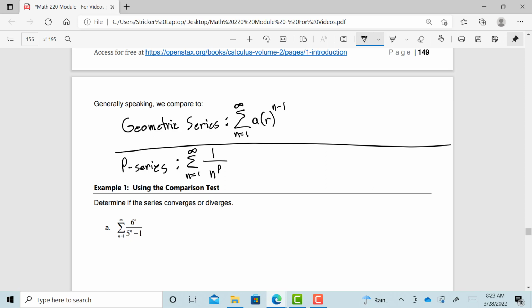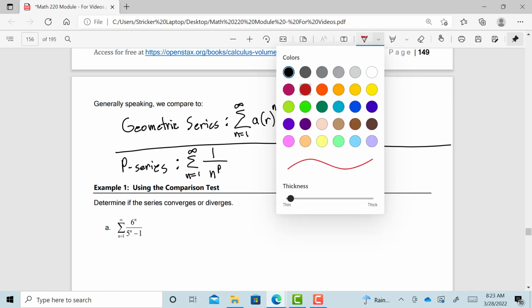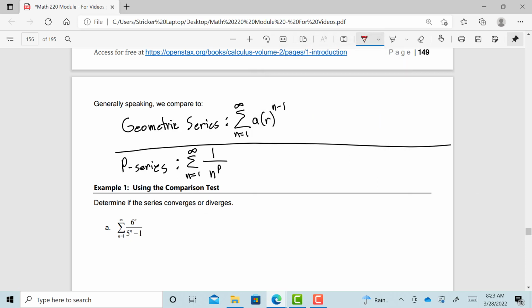And so, do you remember what the cases were? Remember, these are two series that you need to have memorized. So, what value of R causes a geometric series to converge? You remember that one? Geometric series converges if the absolute value of R is less than 1.